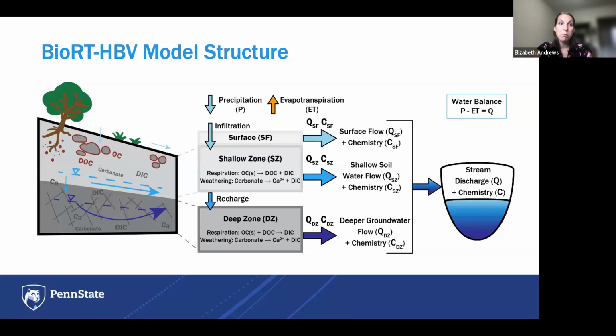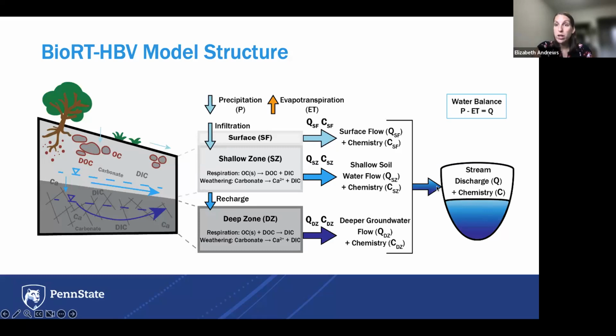And then we also have some movement from that shallow zone into the deep zone. And from the deep zone, we also have fluid that leaves the system with a certain chemistry. And altogether, we do a flux weighted average to look at how much discharge comes from each of those zones and what the chemistry is to determine the stream chemistry and discharge.